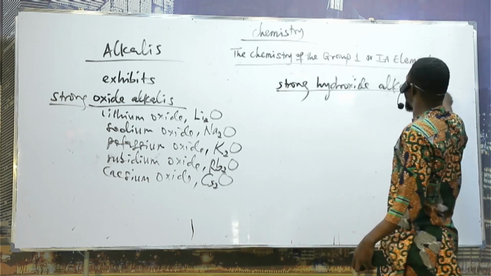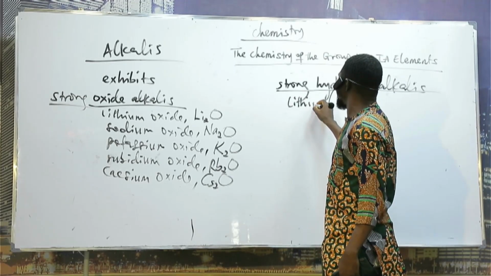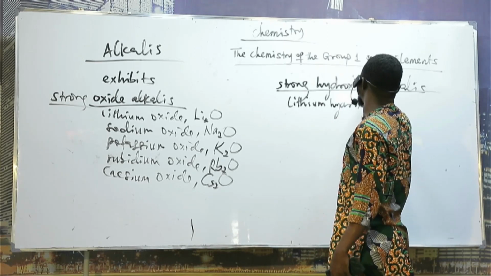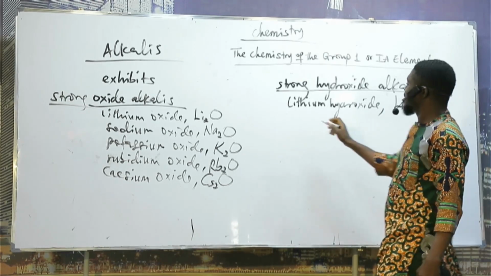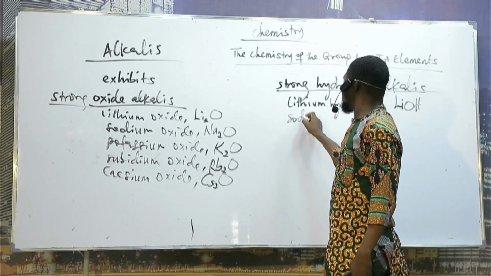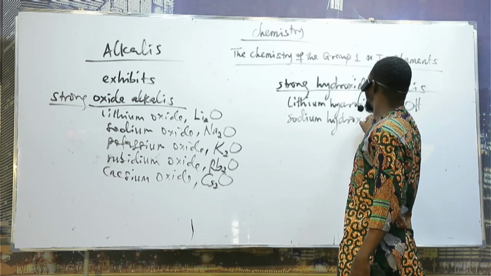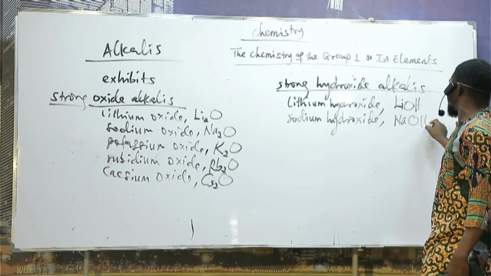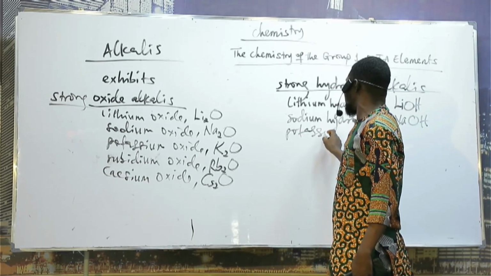Now, what are strong hydroxide alkalis? You have lithium hydroxide. What's the formula? LiOH. You have what again? Sodium hydroxide. What is the formula? NaOH. Another one, potassium hydroxide.